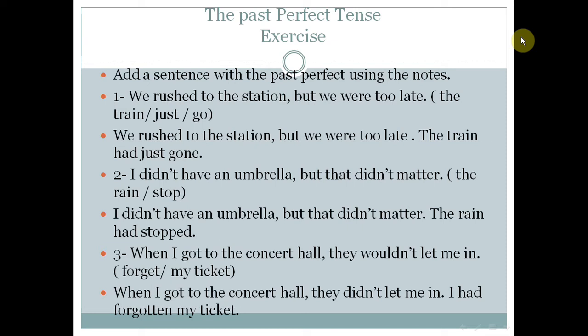It's an earlier action that happened in the past before another action happened after it, rushed to the station. So the earlier action should be in the past perfect. The train had just gone. The following action happened after it, rushed to the station. Rushed is in the past simple tense.